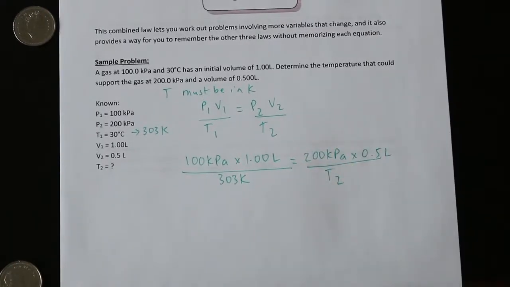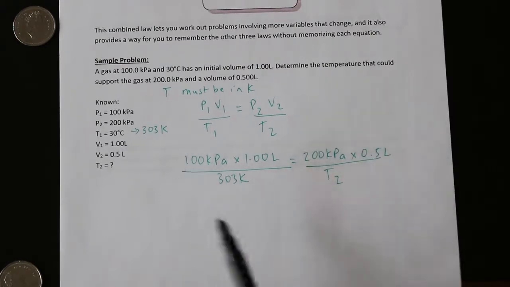Again, we also need to make sure that all of the units correlate. Both of our pressures were given in kilopascals and both of our volumes were given in liters. All of the values always have to have the same units, so we don't have to do any conversions in this case because they all match. Now we need to get T2 by itself. Hopefully you remember from some of our other videos, we can do a math trick where we just switch T2 and this entire thing on the left-hand side around.